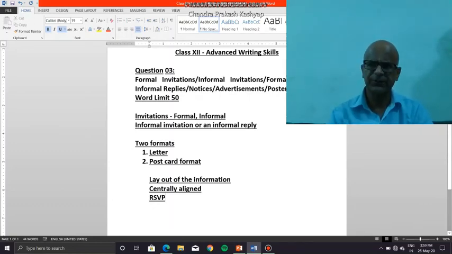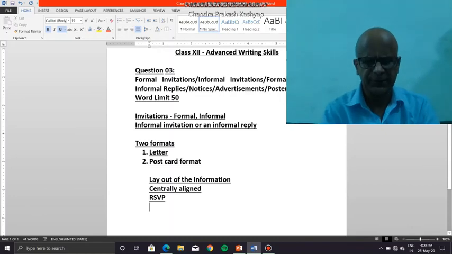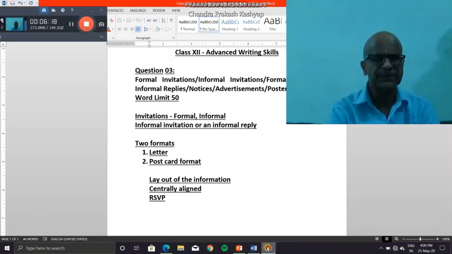If it is a formal invitation, it will carry these letters in capital case, R, S, V, P, which is an abbreviation of a phrase in French, which actually means in English, reply if you please. And we rarely reply to formal invitations. However, there are formal replies as well, and informal replies as well.